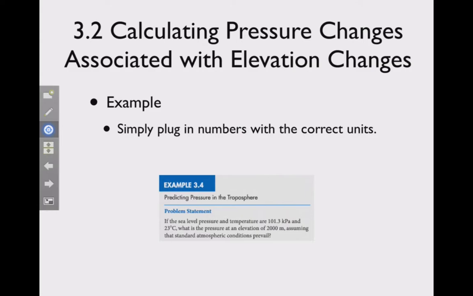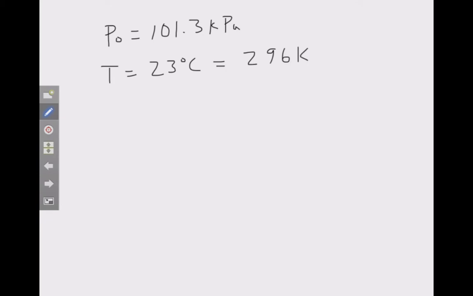This is really a simple thing to do. We're just going to plug into the equation, noting that the surface pressure is 101.3 kilopascals. And we note that the temperature equals 23 degrees C, which equals 296 Kelvin, because we add 273 to get it into Kelvin.